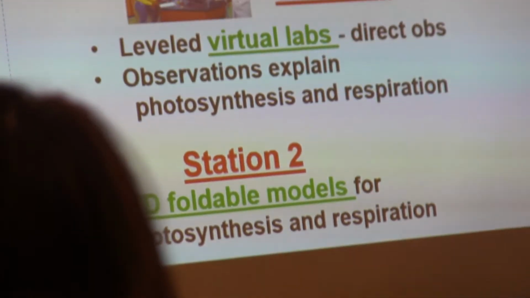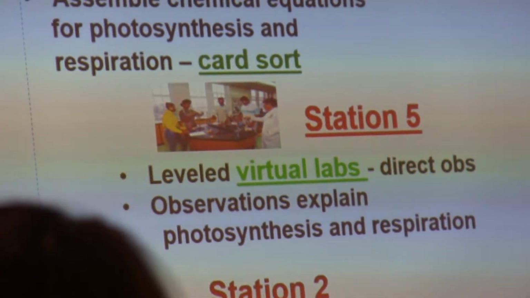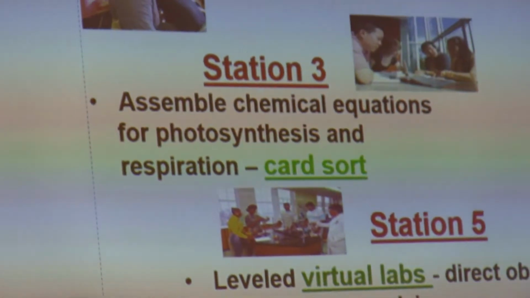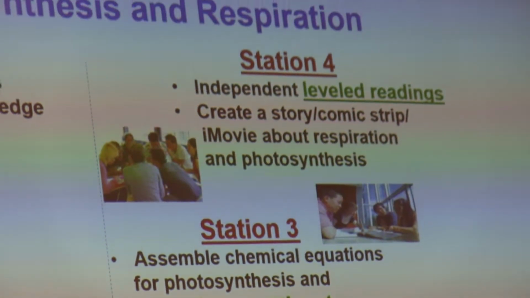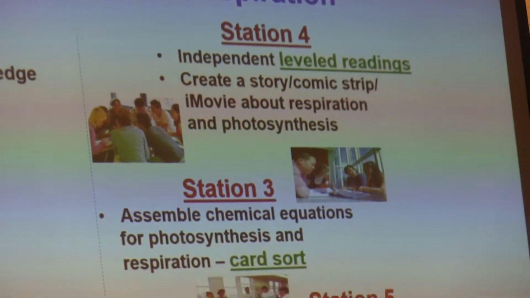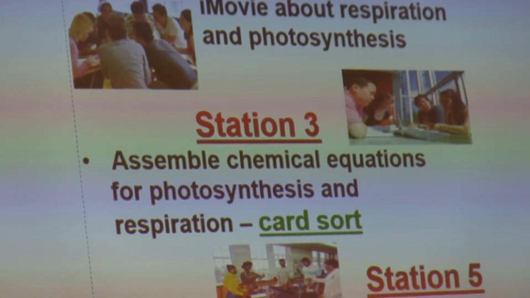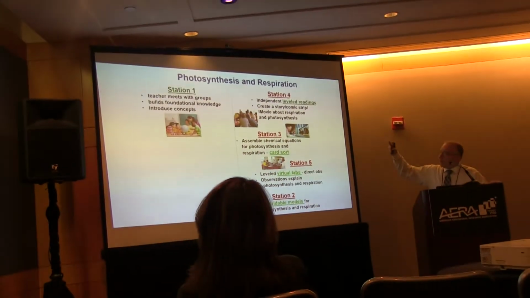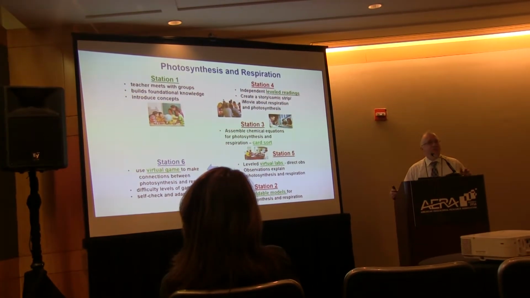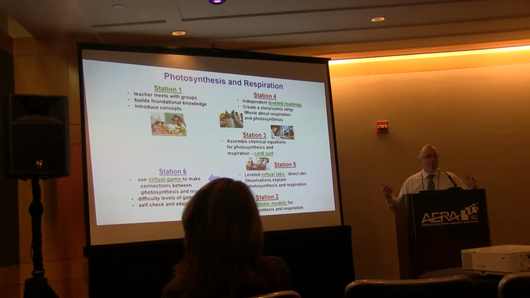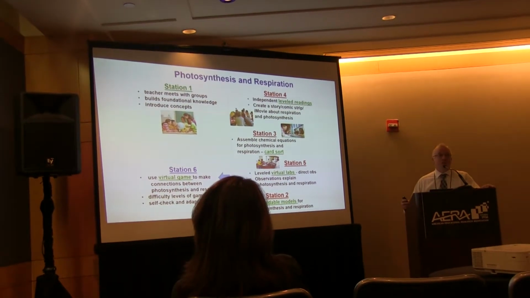This one was about stations that students could progress through during the 2 days. As one group was in station 1 with the teacher, other groups were circulating around to the other stations. After the 2 days, all the groups would have gotten through all the stations, culminating in station 6, which was a virtual game activity where they would bring together a lot of the principles that they learned.